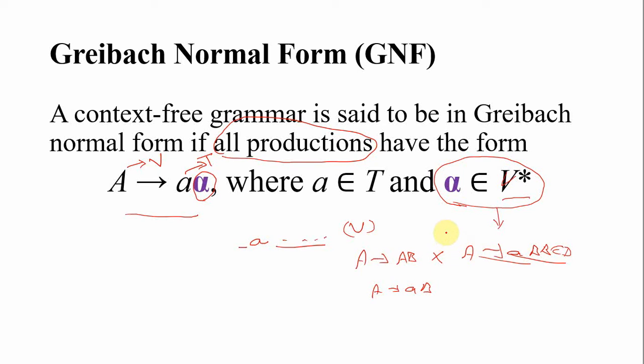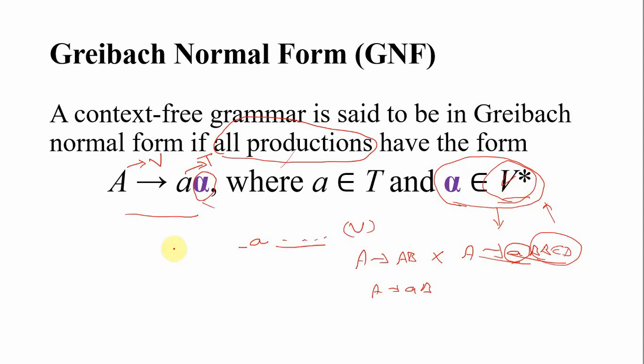Okay, the point is very simple. It should start with the terminal. After that, it can have any number of variables, 0 or more number of variables. So that is the property of Greibach normal form, and this alpha represents 0 or more number of variables alone.